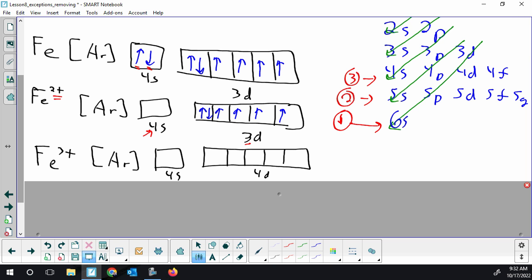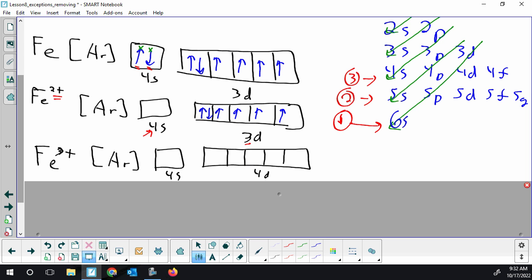So now with Fe3+, we have to take away 3 electrons. We're going to take away, there's 1, there's 2, we empty the 4s, and then we're going to jump down to the third energy level. And we're going to take away the D's first. We'd actually start with the furthest letter along first. So we're going to take away the D's.